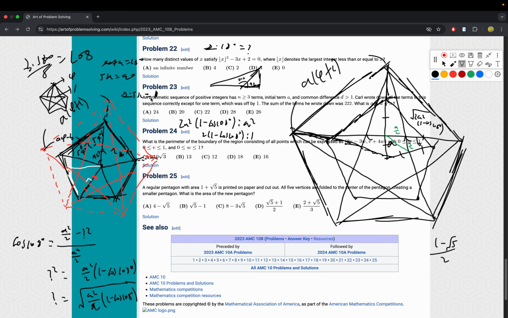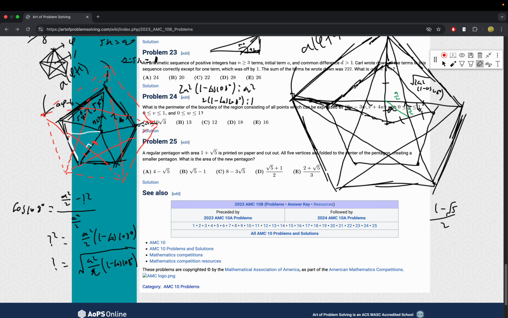Oh no. I knew it. I forgot how to do this. No, why am I using this one?